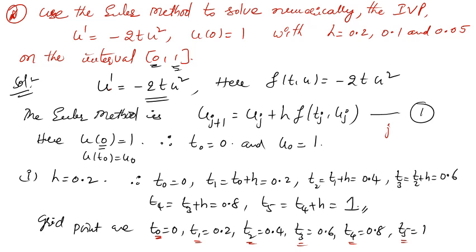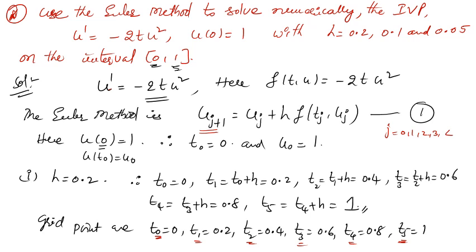Therefore this equation is for j equal to 0, 1, 2, 3 up to what? At t naught 0, t1 0.2, right? Up to t5 what is the solution? u5.